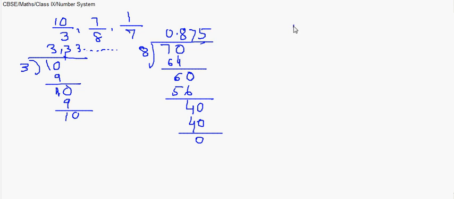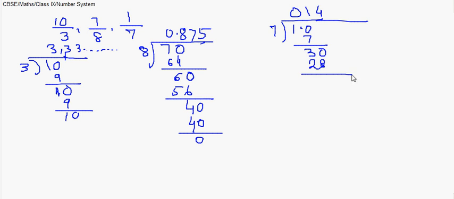Now I take up 1 upon 7, dividing 1 by 7. So I get 0, 1 is 7. I'm getting a 3. I continue the simple division. So it is 4 7s are 28, and then 2 7s are 14, 6 8s are 56.